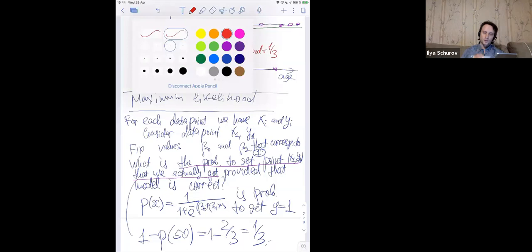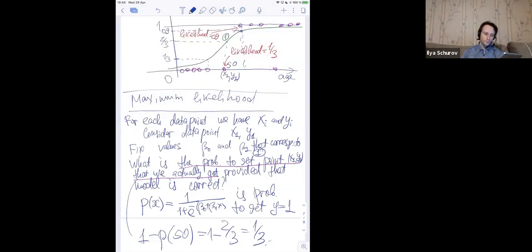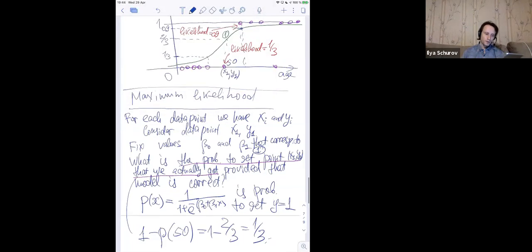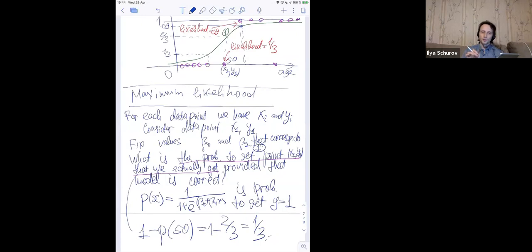And this thing is called likelihood. This is the likelihood of a particular point. And the likelihood of the whole data set is just a product of likelihoods of particular points, because we believe that our data points are independent of each other. And so the probability to select 2 points from this model is just a product of probabilities.